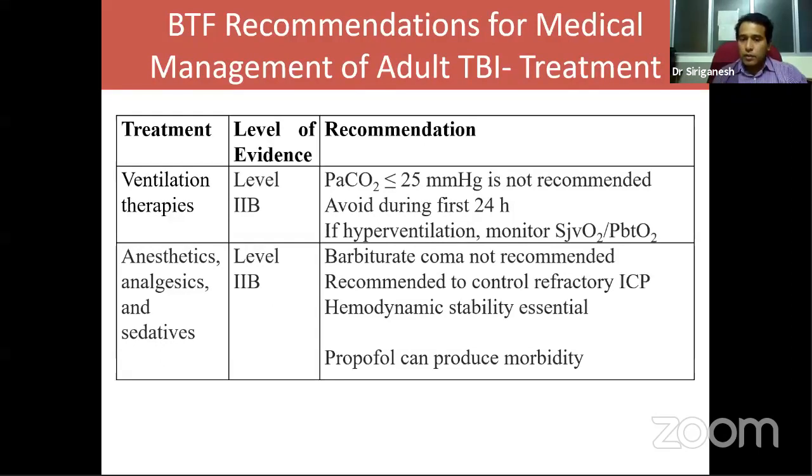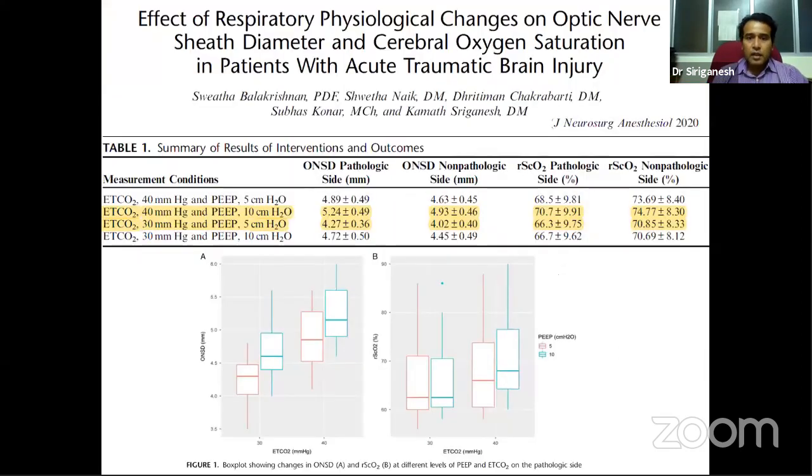It can be used to control ICP refractory to medical measures. However, ensure that hemodynamic stability is present before you start this. Propofol can also be used as an alternative to thiopentone. However, prolonged use can result in increased morbidity, especially cardiovascular depression and other metabolic syndromes.